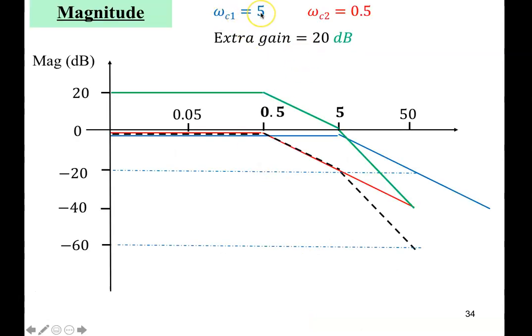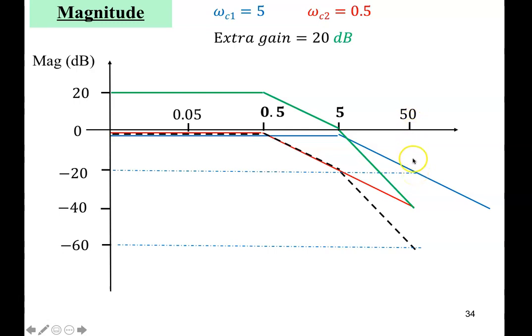When the corner frequency is 5, the Bode plot starts from 0 dB, it stays on 0, up, up, up until you get to 5. That's your corner frequency. After that point, it's going to go down. Okay, so go down at the slope of minus 20 dB per decade.